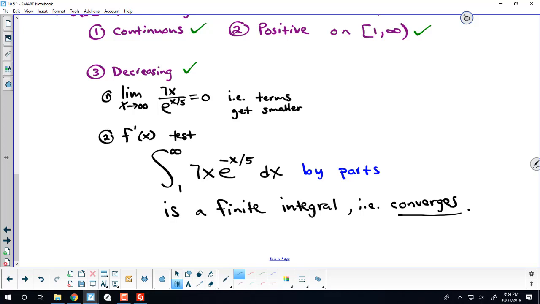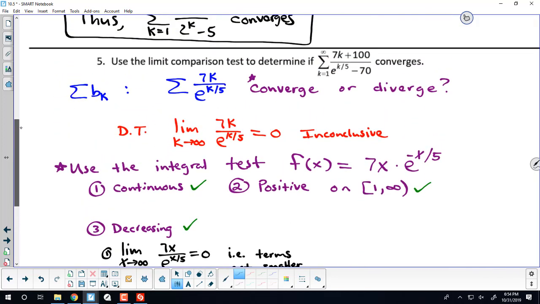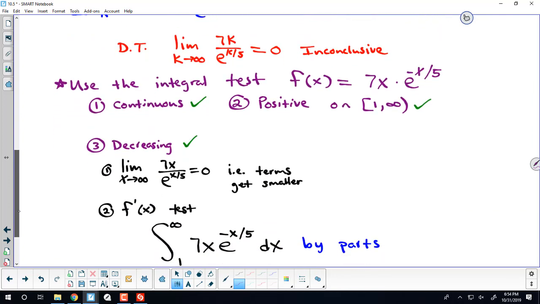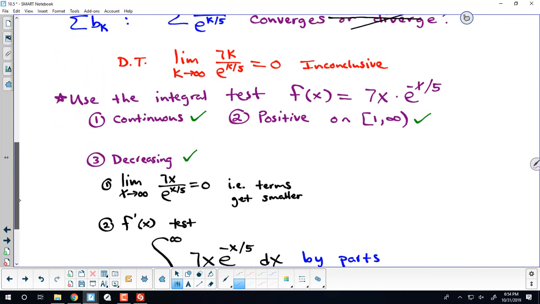The value of the integral in general is not the value of the series. Okay, so we're going to go back up here then and say that this converges by the integral test.